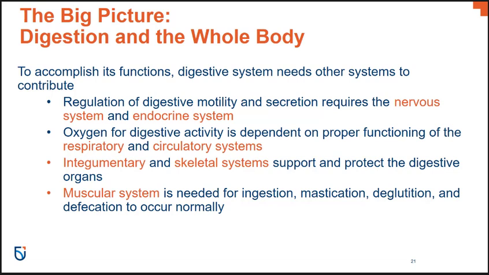Okay, on our final slide, this is just showing you digestion and its relationship to the other systems within our body. In order for digestion to occur, it needs other systems to contribute to it. We talked about the role of the nervous system and the endocrine system in regulating digestion.